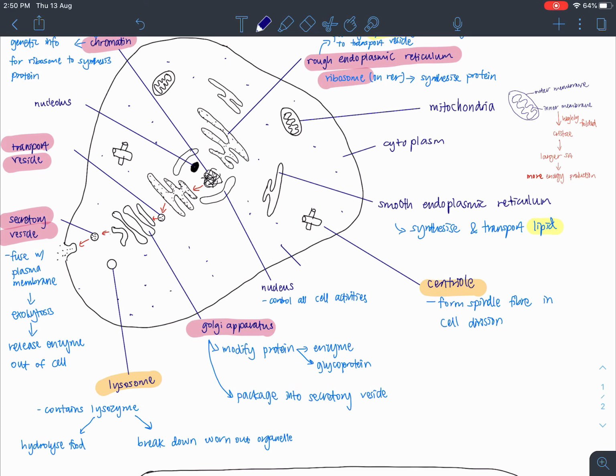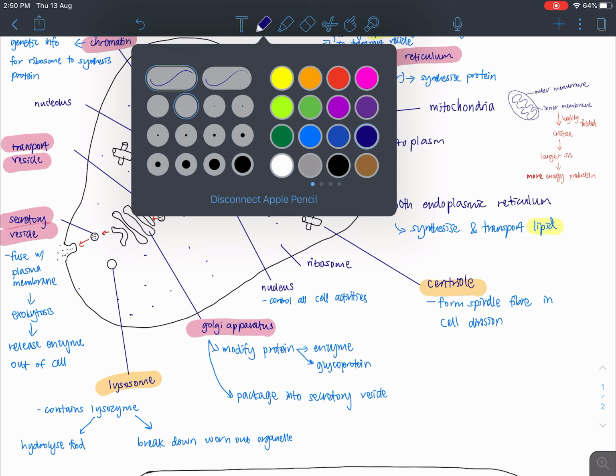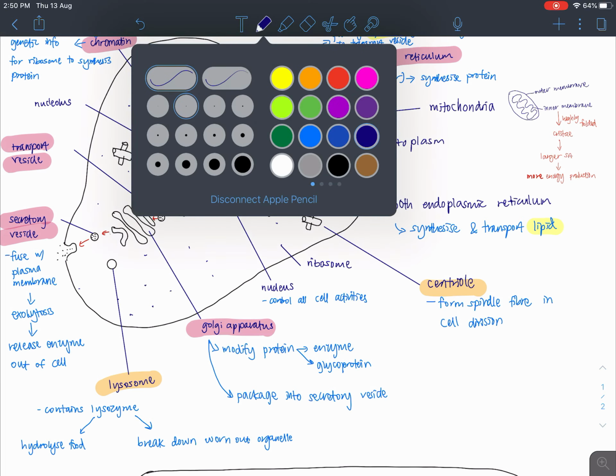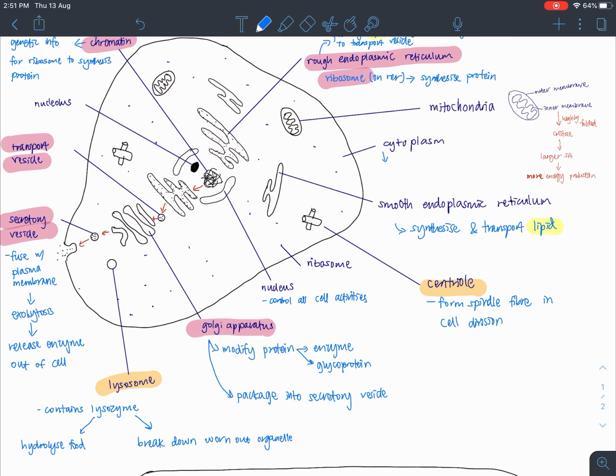And inside the animal cell, there are free moving ribosomes. Ribosomes are not only found on RER, they are also found inside the cytoplasm, not attached to anything.